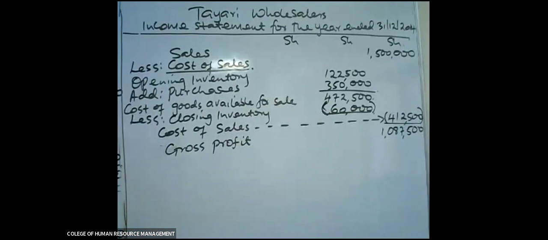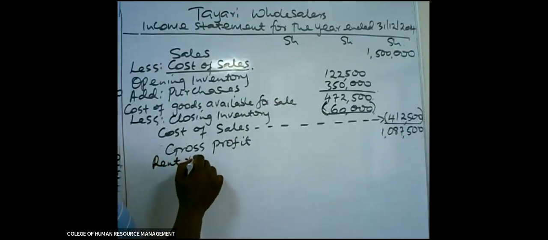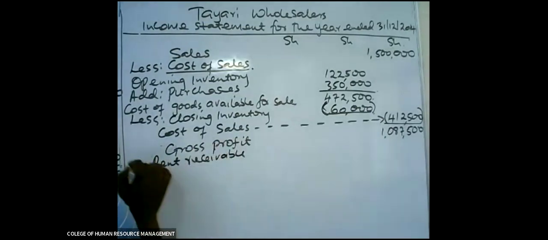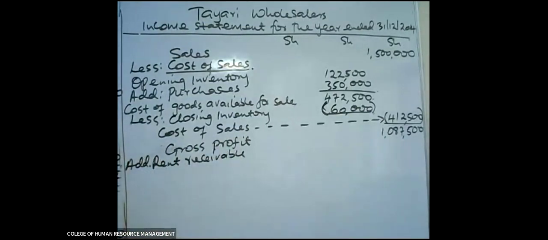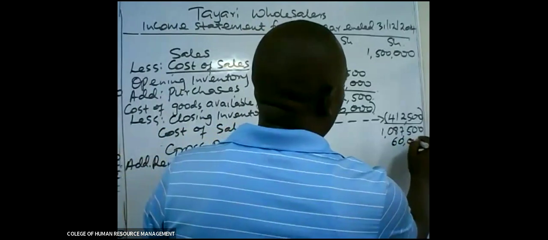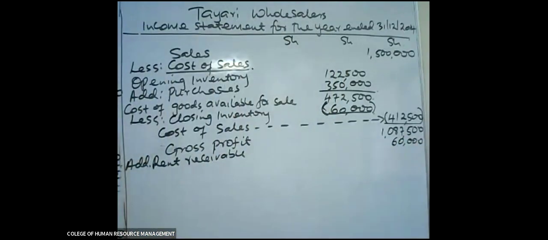We agreed that gross profit is normally going to be affected by other incomes. It is going to be increased when we have the other incomes. So we check whether we have discount received, rent received, commission receivable, and all that. If you look at the last figure on those balances, there is rent receivable. That is an income. You add there: rent receivable, 60,000. That is another way of generating income.